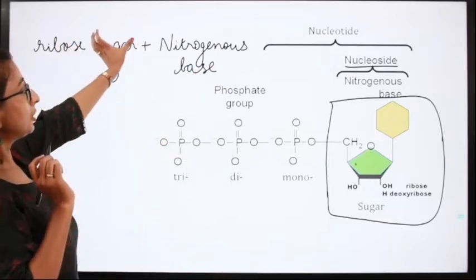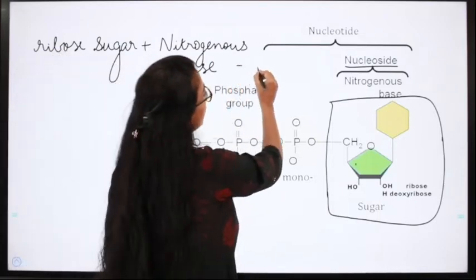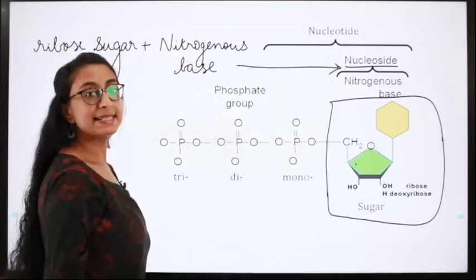The ribose sugar plus nitrogenous base is called a nucleoside.